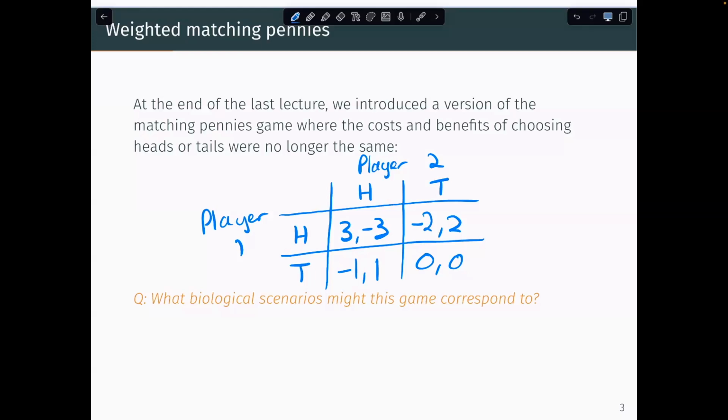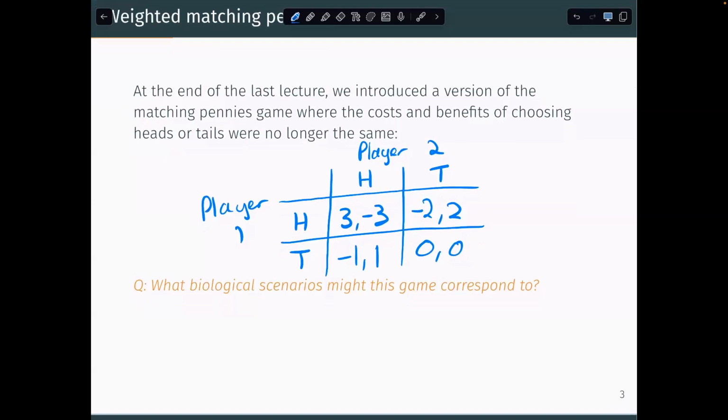We talked about also things like sexual conflict between males and females, perhaps. So any sort of scenario where there's potentially a winner and a loser, a victim or exploiter, tends to fit this idea of a weighted, or any sort of, matching game. So victim-exploiter is the most general form of these relationships.